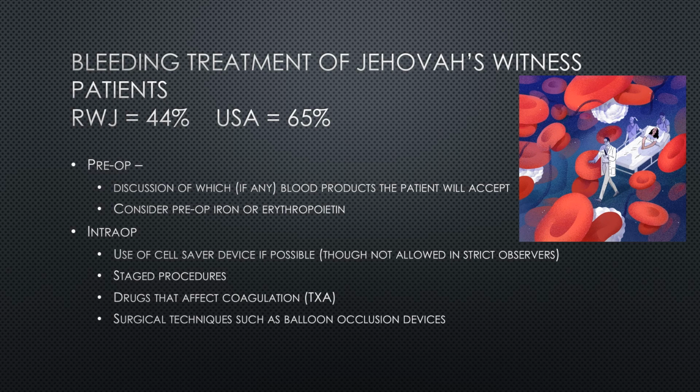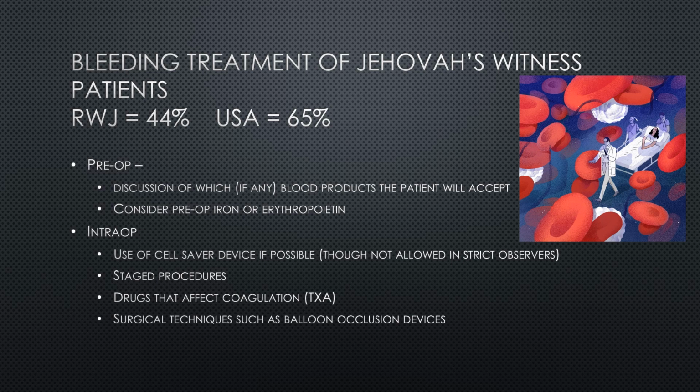Pre-op, it's always wise to have a discussion with the patient about which, if any, blood products they will accept, including albumin. It's also important to discuss whether they might accept the use of a cell saver, which is really a sort of auto transfusion. Some folks believe this is in violation of their beliefs, while some are willing to accept it.